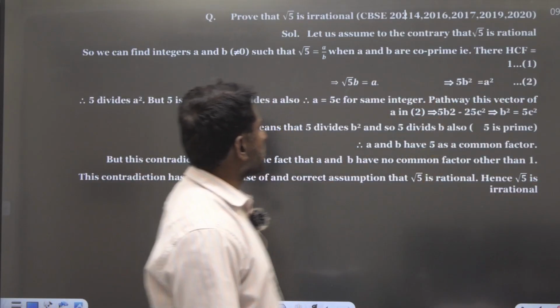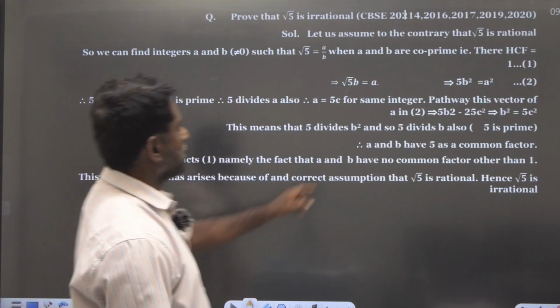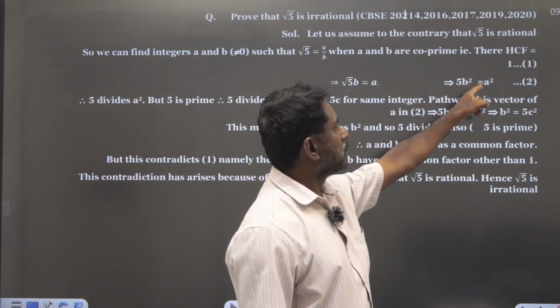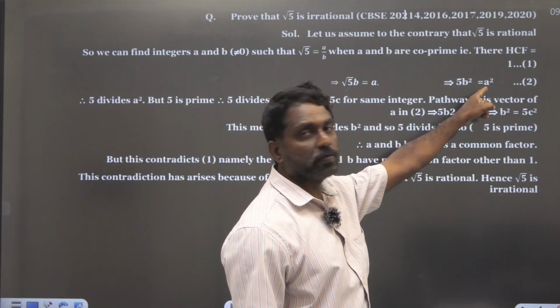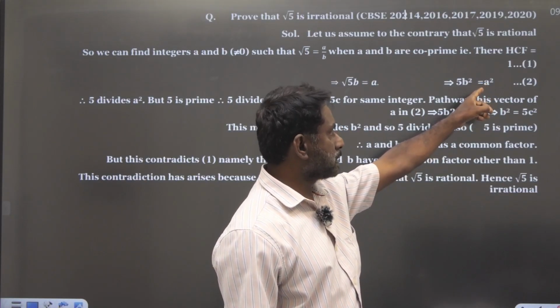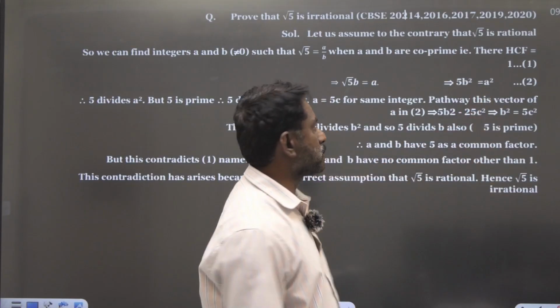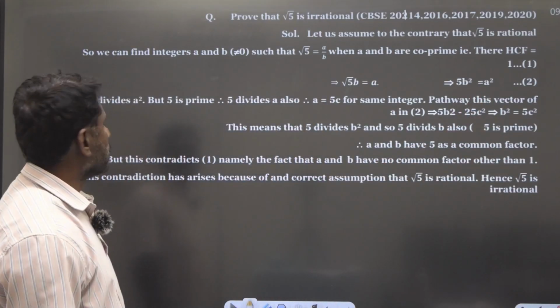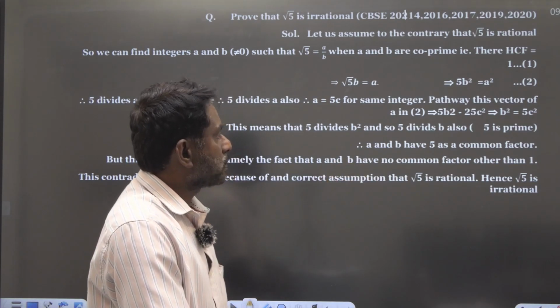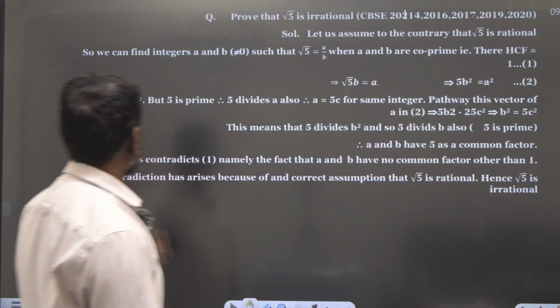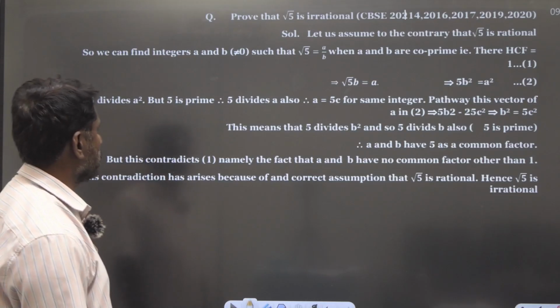5b square is equal to a square means 5 is a factor of a square. That is the meaning of 5b square equal to a square: 5 divides a square.